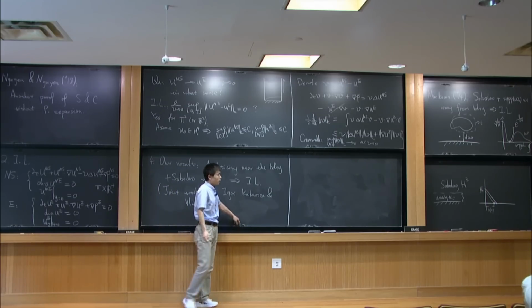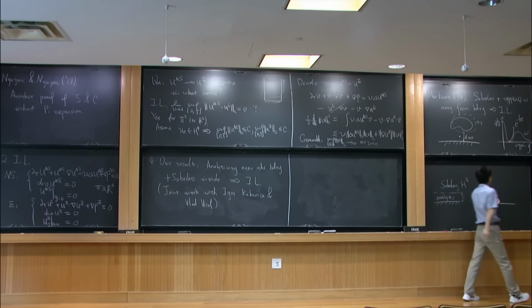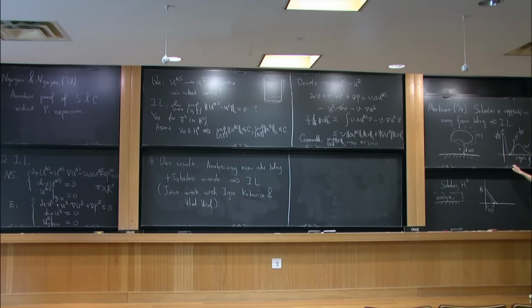As I explained here, from this picture it's easier to state the main difficulty. Here you don't have this smallness, so there are these two parts, the boundary vorticity and this bulk flow, and they are interacting strongly. So in this case, you don't really know what happens here.